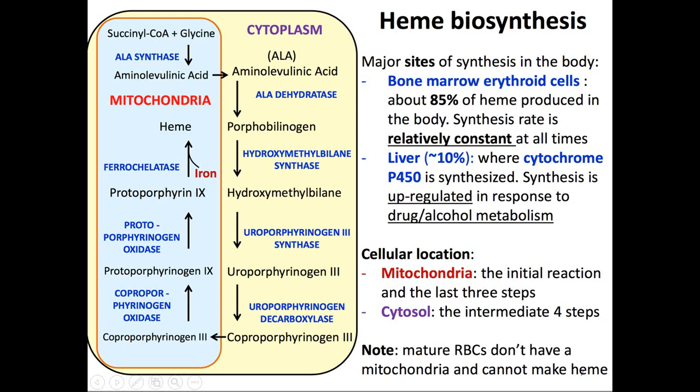And once iron is incorporated into this compound with the help of the enzyme ferrochelatase, then heme is synthesized. So these are the steps of heme synthesis.